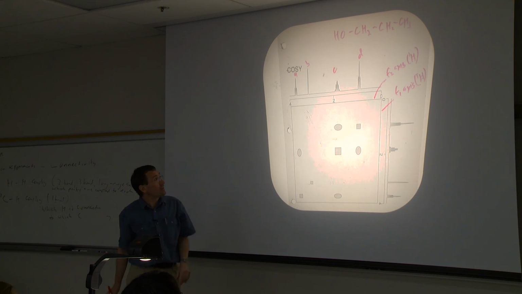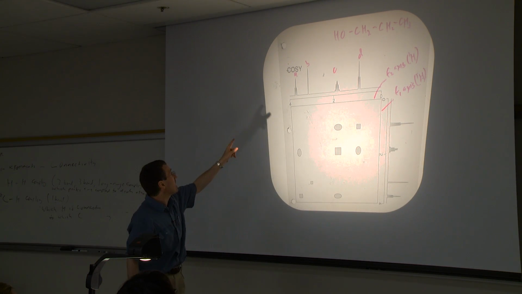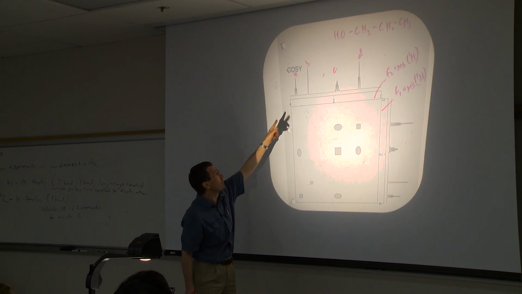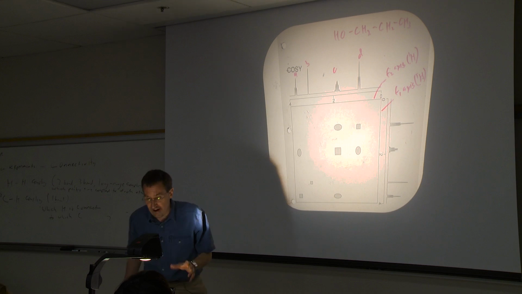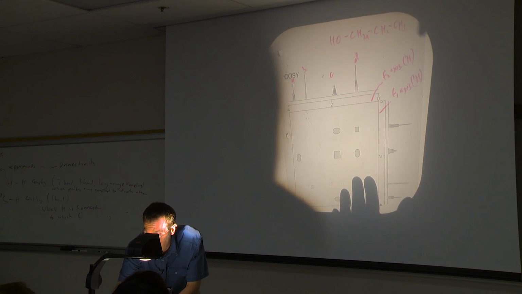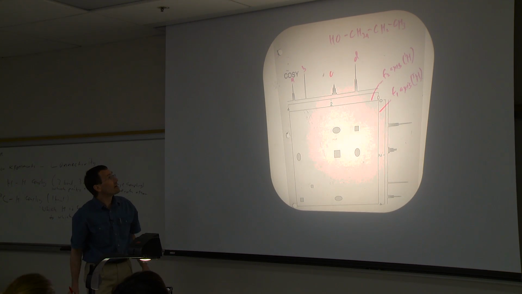And you probably are good enough with NMR that you could recognize, oh yeah, the CH2, that's a triplet, downfield close to 4 parts per million, 3.5 parts per million or so, that's going to be the CH2 group that's right next to the OH group.